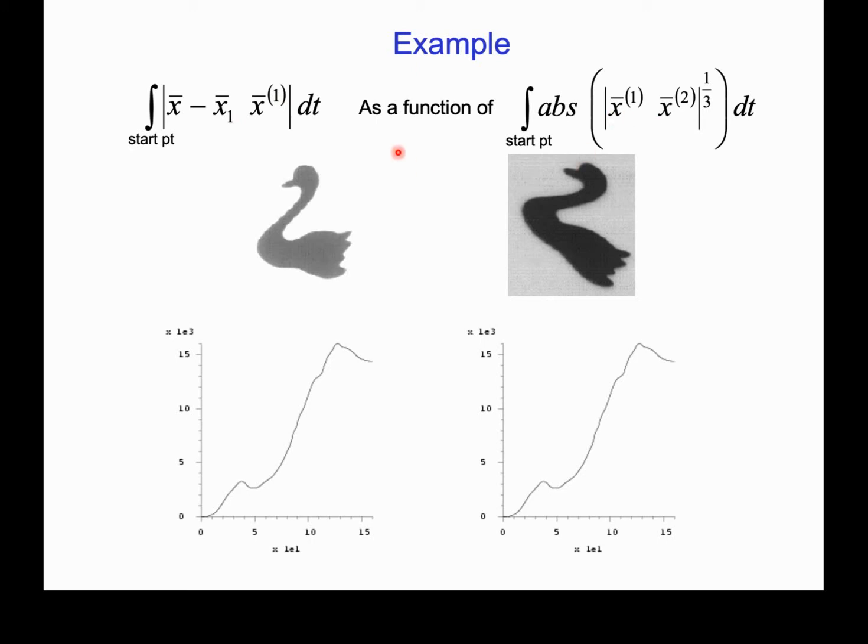If you're interested, you can look them up. But the essence is, if I think about this as a function of this one, then I will basically get a signature that is unique for every contour and despite the affine transformation. Believe it or not, these two different shapes will have exactly the same signature, and I will be able to compare it.